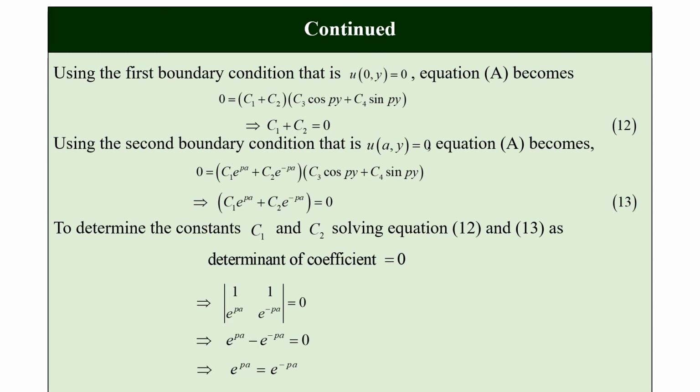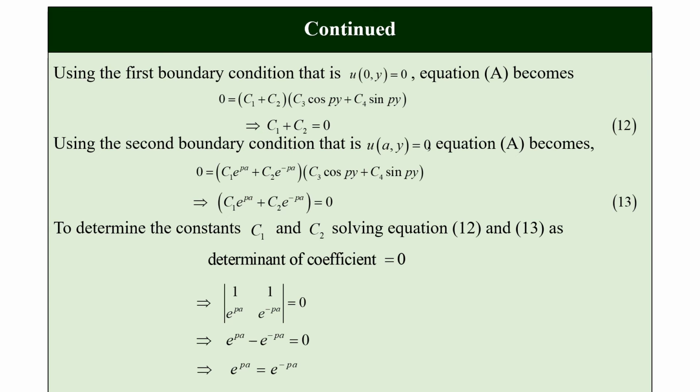Now we have two equations, 12 and 13, and two unknown constants c1 and c2. To determine the values of the constants c1 and c2, we will solve these equations 12 and 13.